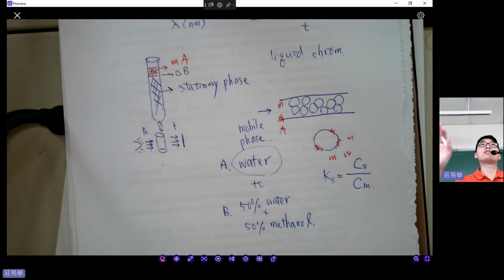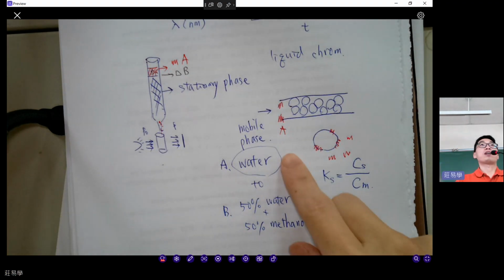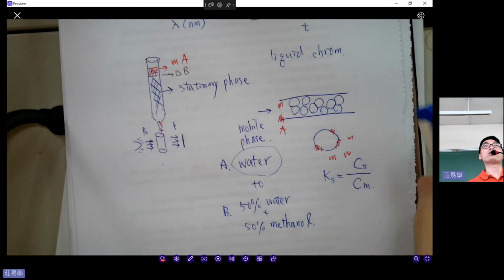Something we want to keep in mind is that a large Ks means the retention time for your compound is going to be longer, because it has higher affinity with the solid phase, right? So it's going to have a longer retention time. Back to this question, which one has a large Ks?